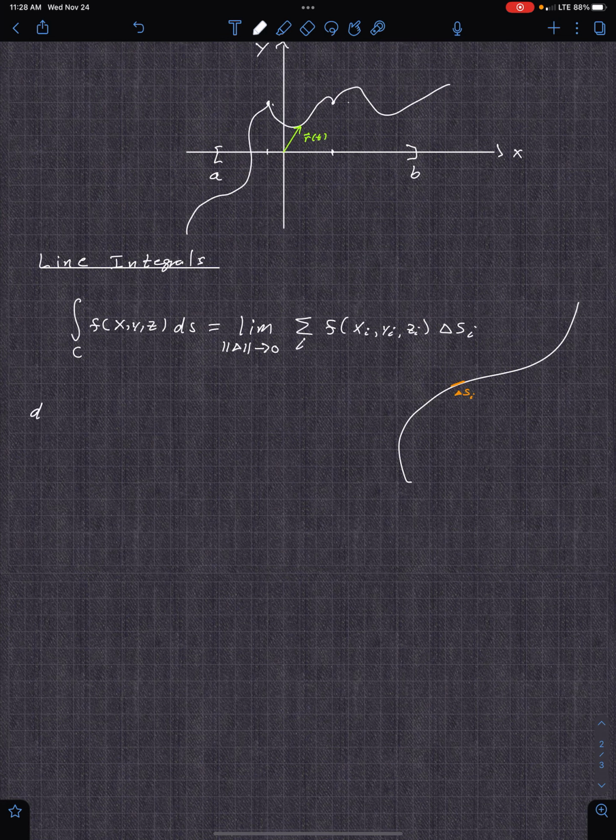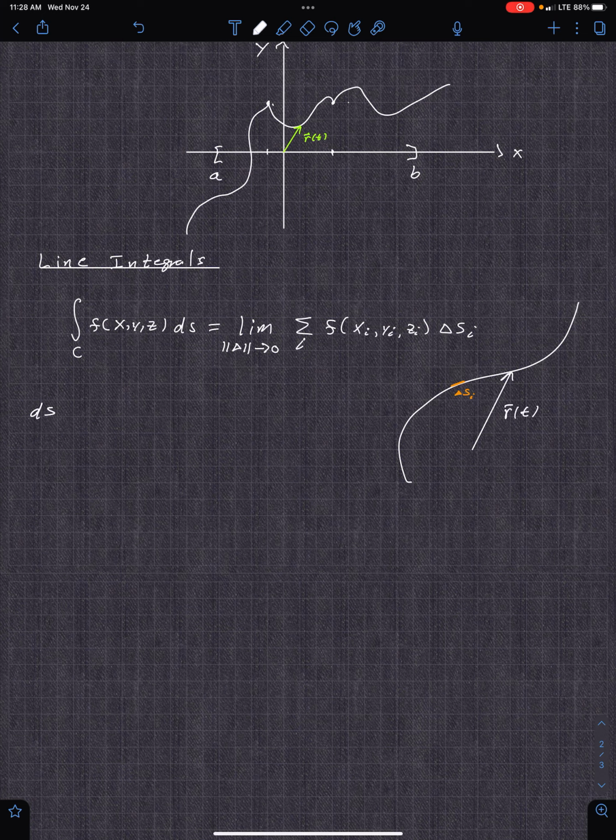Anytime you see ds, you're not going to know how, you use the formula, but that's meaningless to us. We have to figure out the formula based off of what's given and how your r of t is defined.